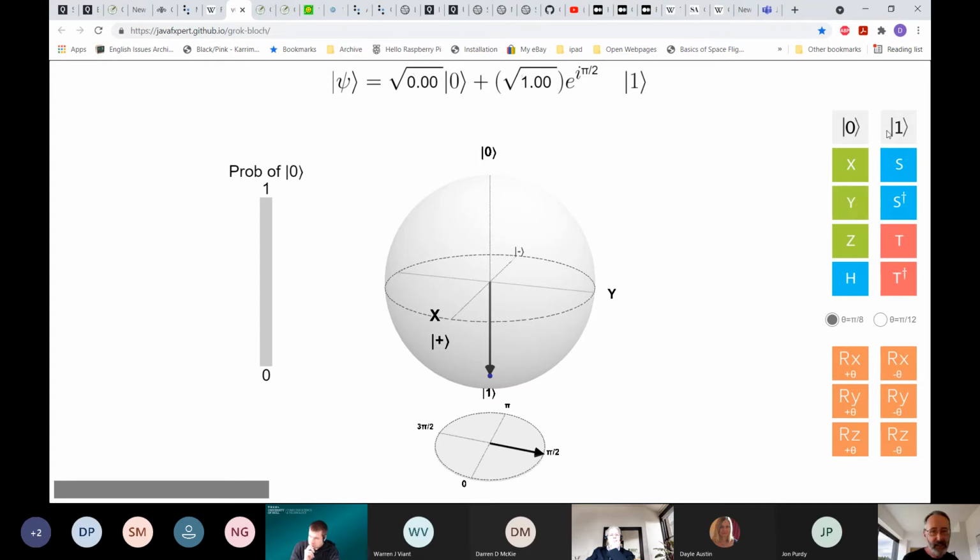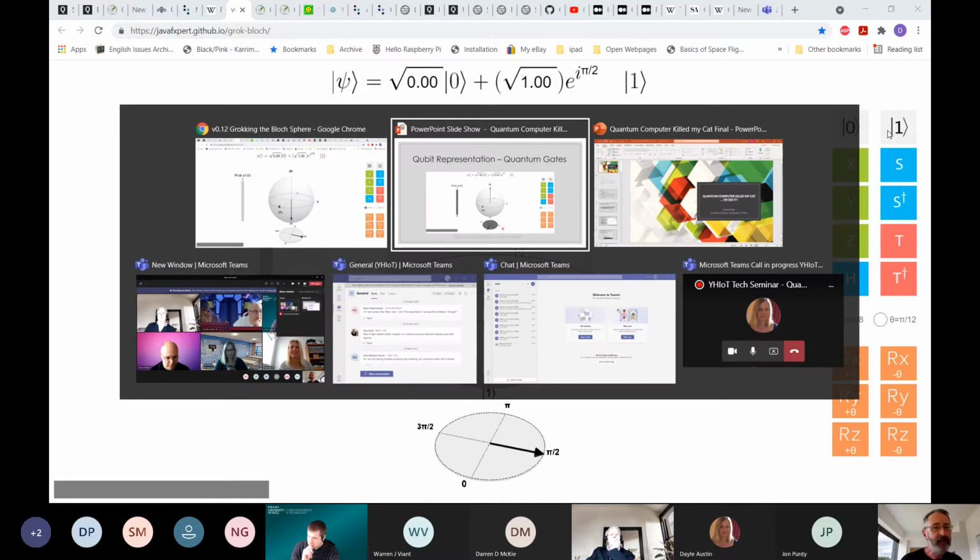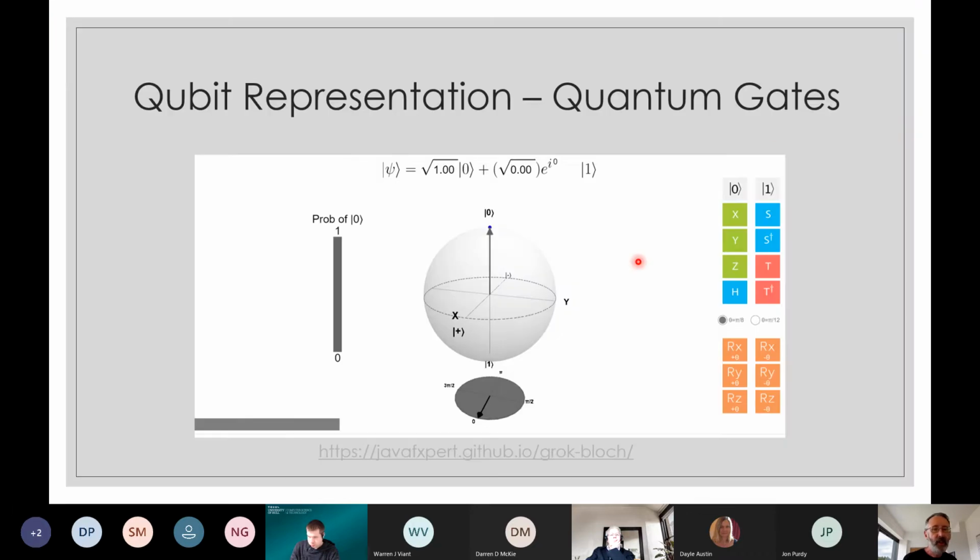If I go back to my slides, we're representing our qubit as alpha 0 plus beta 1, that combined state.